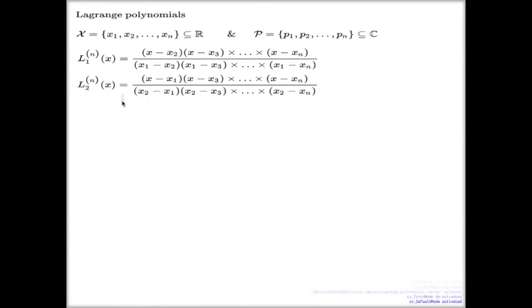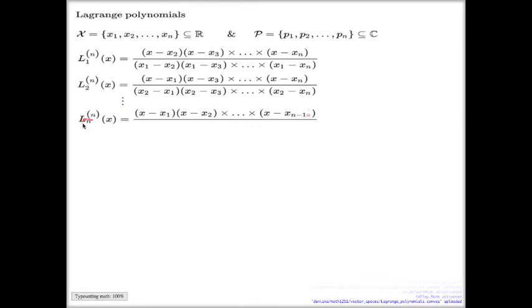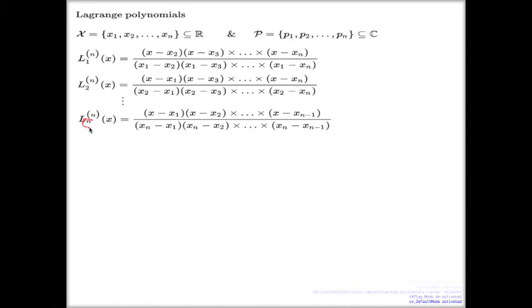So altogether we have n polynomials like that. The nth Lagrange polynomial, remember I use the sub-index to distinguish my polynomials, has all of the points from this set except the last point in the numerator, and the denominator where the last point is plugged into the x position everywhere. Very simple logic. What's the beauty of such polynomials? The beauty of such polynomials is right here.